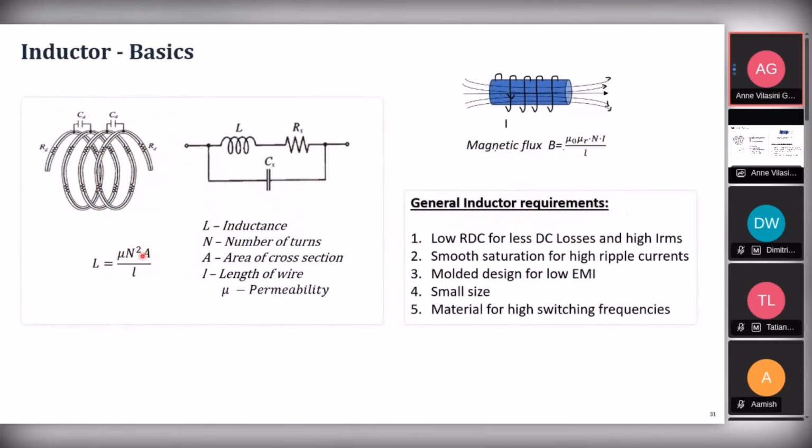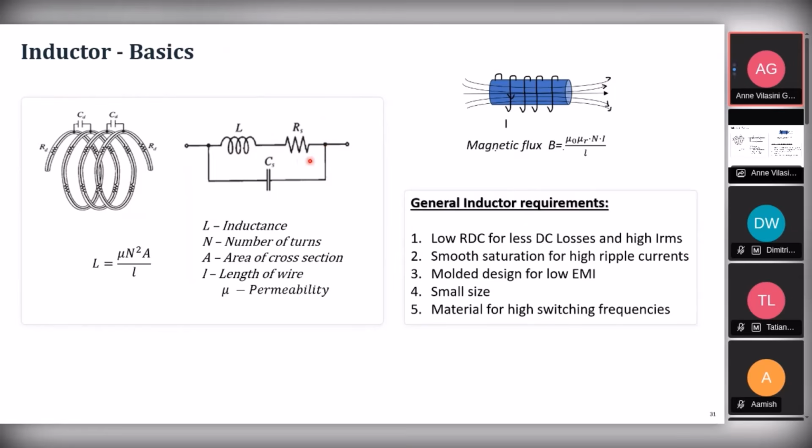Talking about the inductor, it's simply a coil of wire. Here is the formula which we saw before, and the parasitic model. The important thing to note when you pick an inductor is that it should have a low ESR, which is what contributes to the losses most of the time. When there is current flowing through your inductor, this resistor is dissipating some heat, which contributes to the losses.